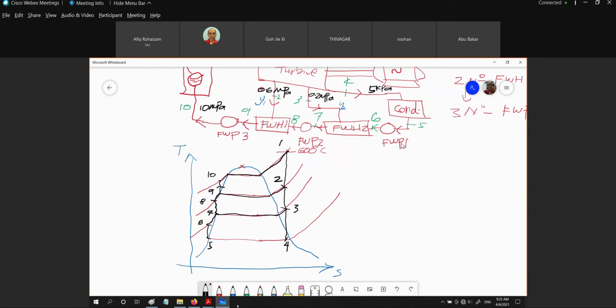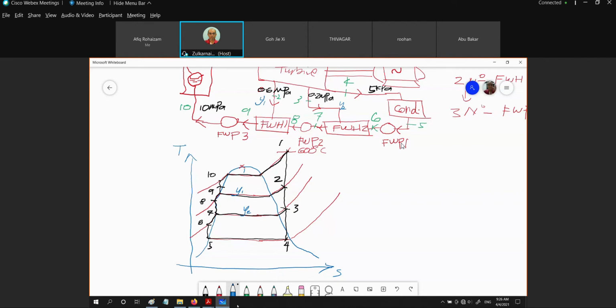Then complete the 4 to 5 condenser. Right? So let's say this is 1. The fraction of flow at the boiler is 1. The fraction of bled steam for the first feed water heater is Y1. For the second feed water heater is Y2.